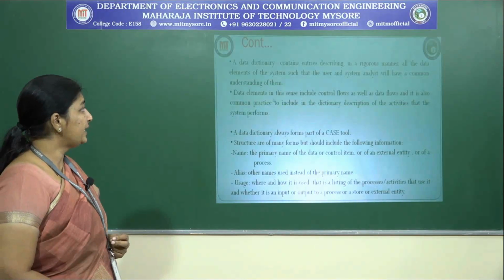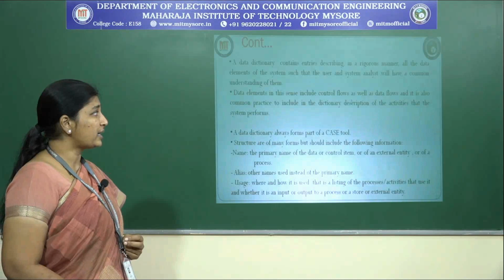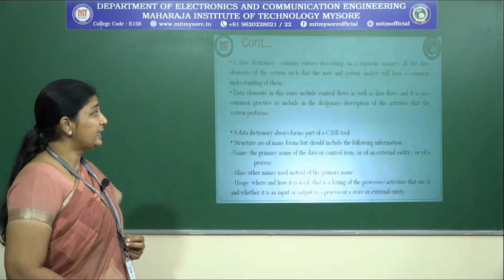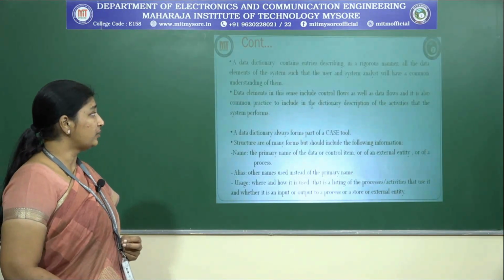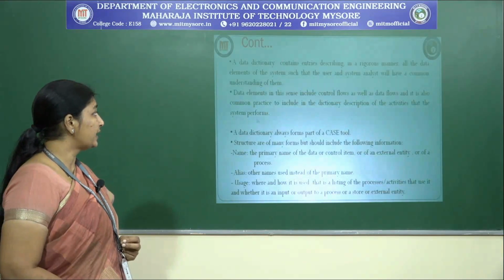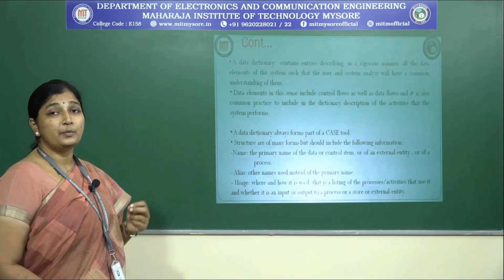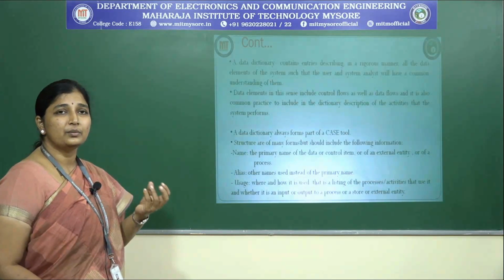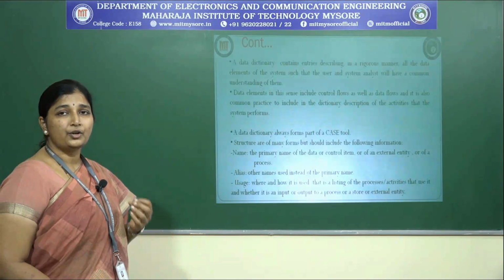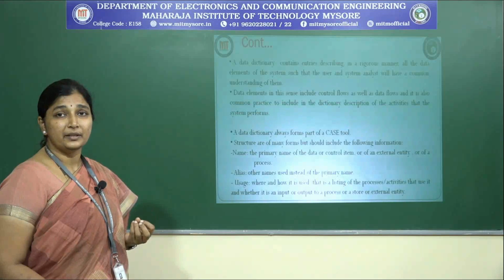The data elements in this sense include control flows as well as data flows, and it is also common practice to include in the dictionary a description of the activity that the system performs. Data elements are nothing but elements, for example, when you talk about the temperature, you talk about the gauge, they become the data elements, right?